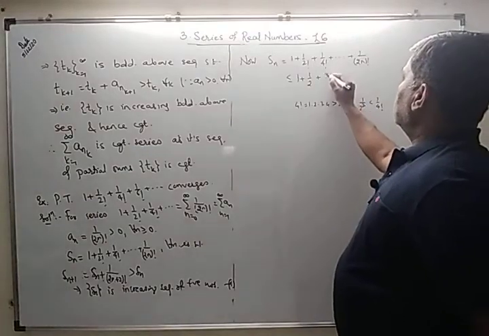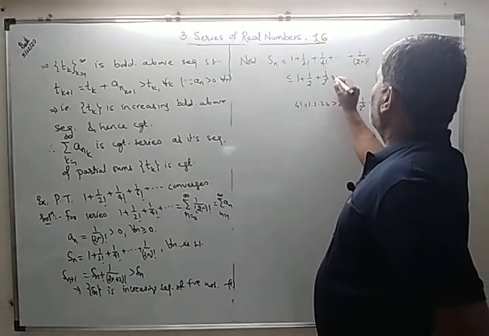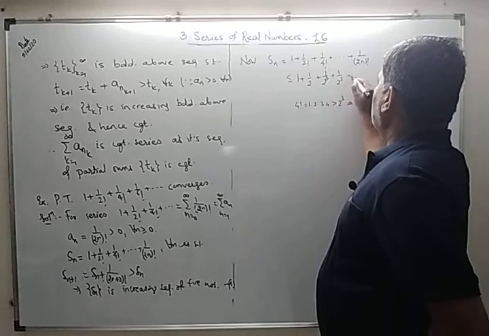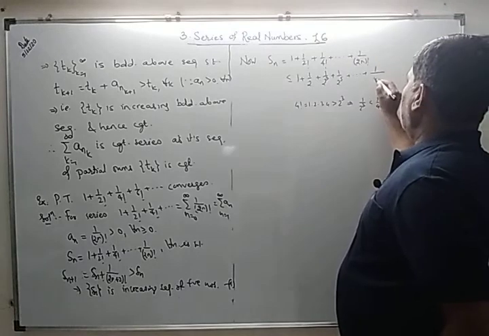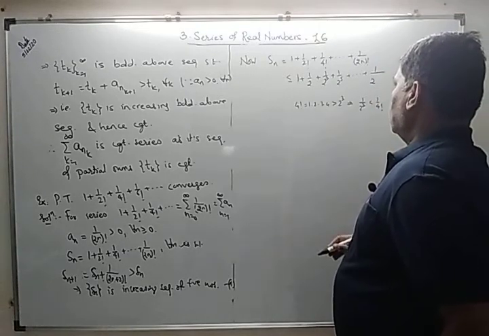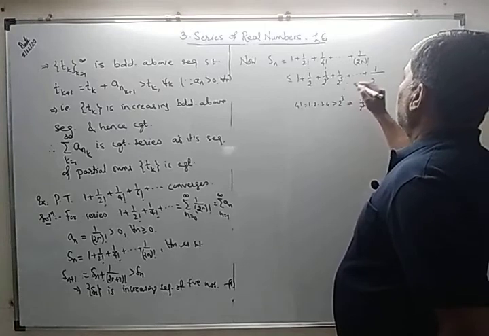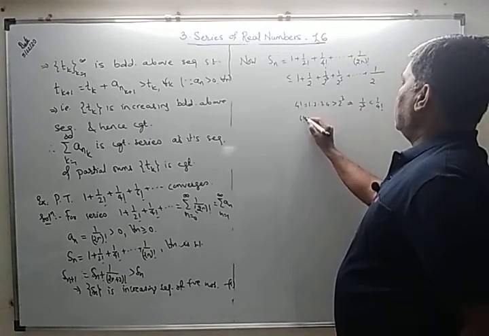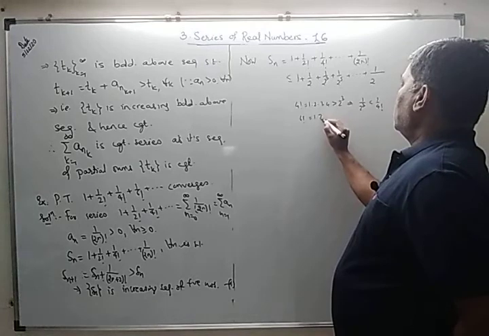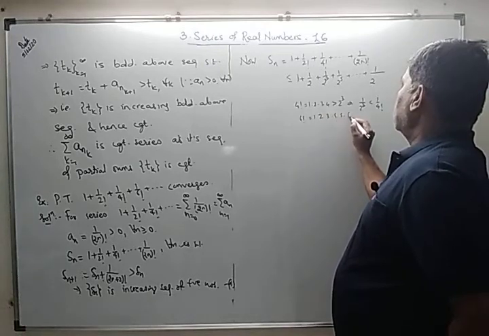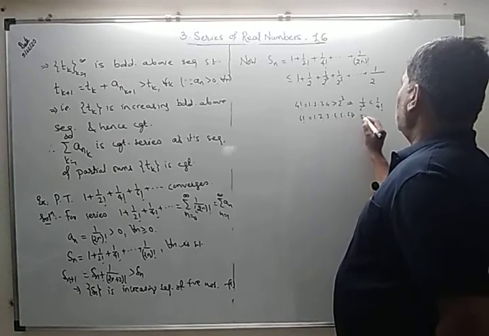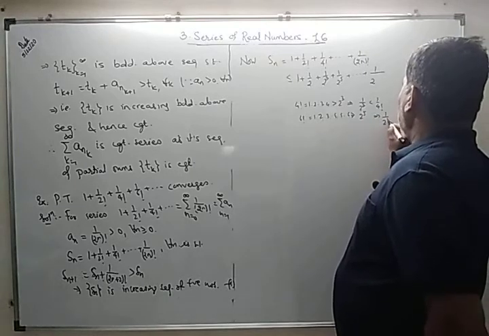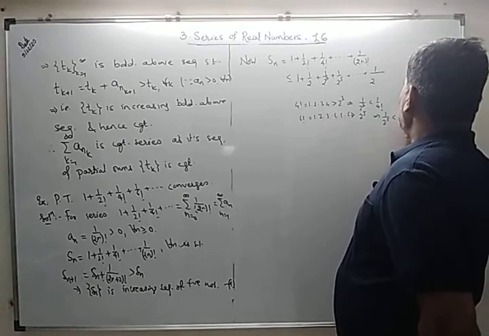So this is 1 upon 2 cube plus 1 upon 2 raised to 5 plus so on. See here, 6 factorial is nothing but 1 into 2 into 3, 4, 5, 6, which is greater than 2 into 2 into 2 raised to 5. This implies 1 upon 2 raised to 5 is less than 1 upon 6 factorial.